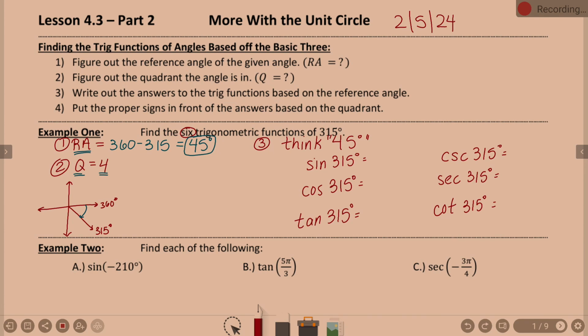Okay. And I'll have the chart on the sideboard filled out. So you're going to have to flip back in your notes, unless you have your chart memorized. Okay, but this is where the chart comes into play. This is where memorizing the chart is really, really helpful. But I know we're probably not there yet. So when I say, what's the sine of 315 degrees, I want you to think 45. So what's the sine of 45 degrees?